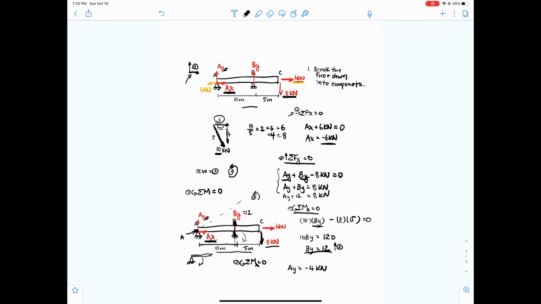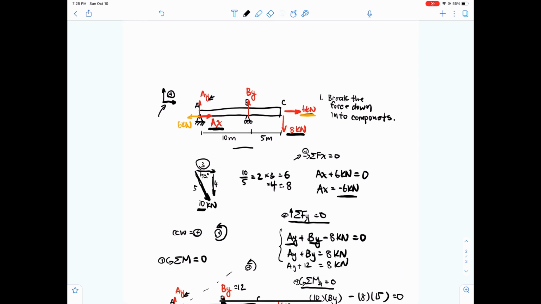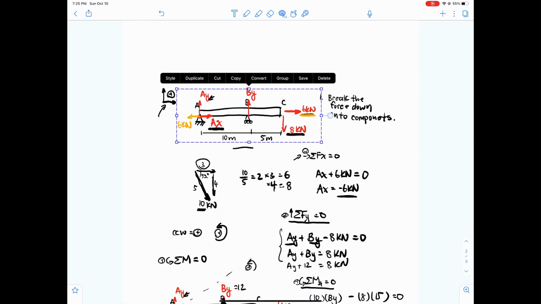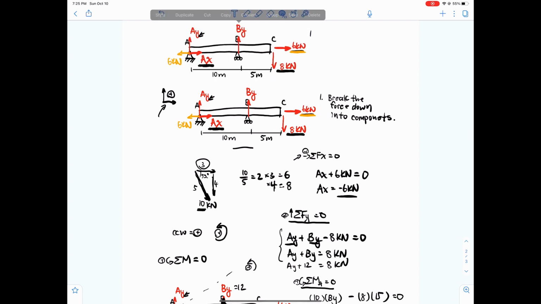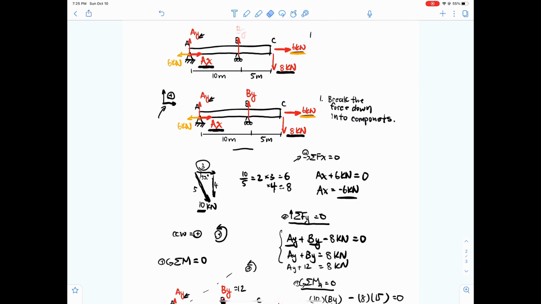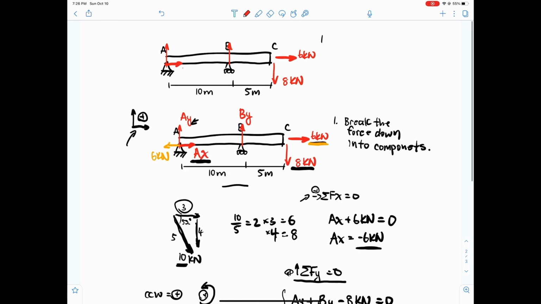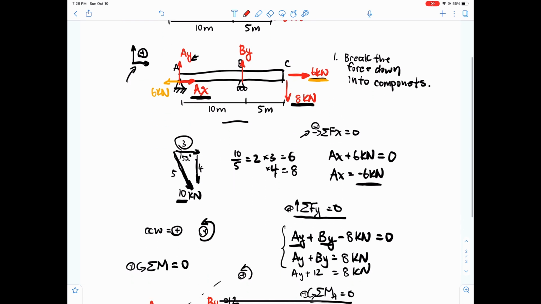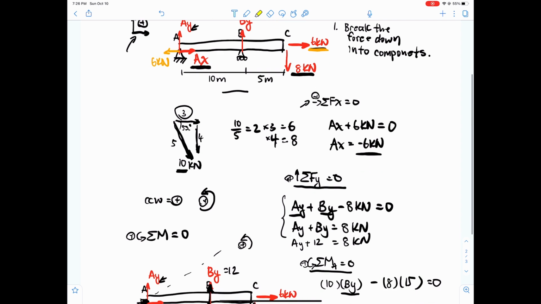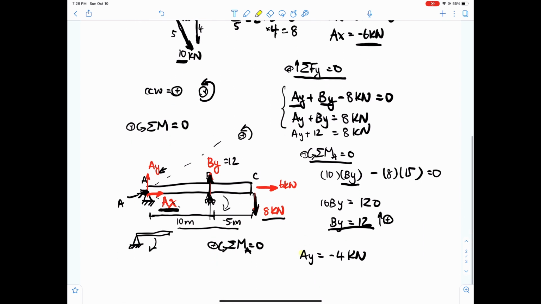Now to clean up the question a bit, here we go. We have solved it, really. It's very simple. I think when you get to higher years, this will be quite a bit more intuitive to you, but I've gone into a lot of detail since I don't know exactly where you're struggling, and I just want to help. So Ay we found was negative 4 kilonewtons.